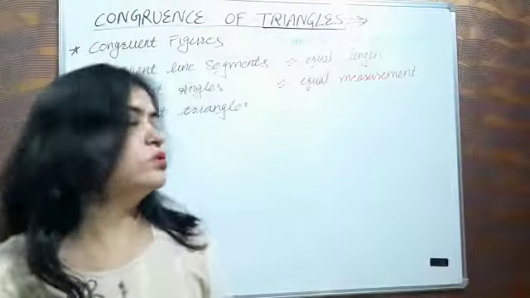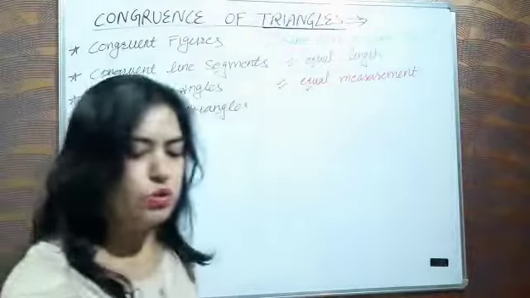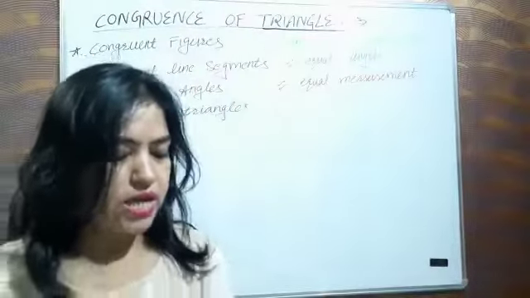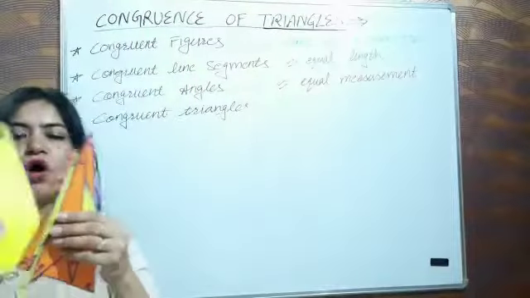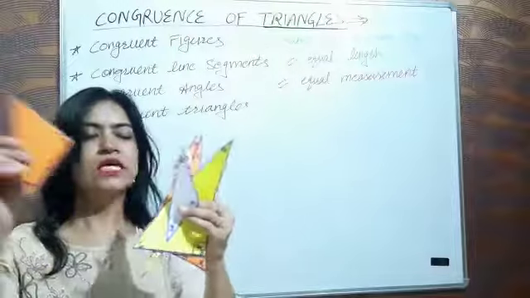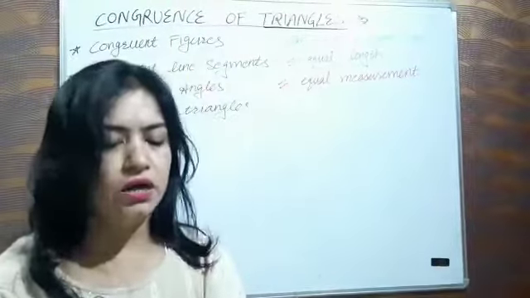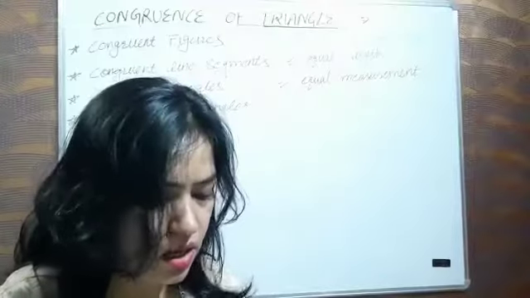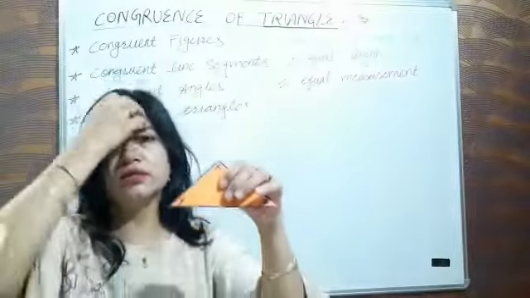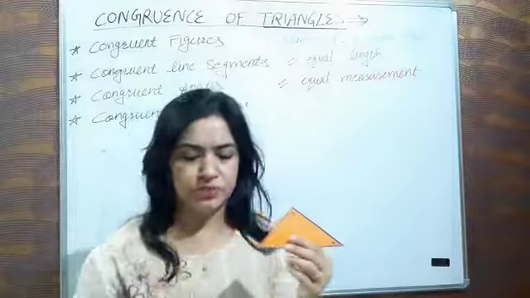Let us move to our triangles. Let me show you triangles. These are triangles of different measurements, and I take any one triangle out of these triangles. I take triangle XYZ.